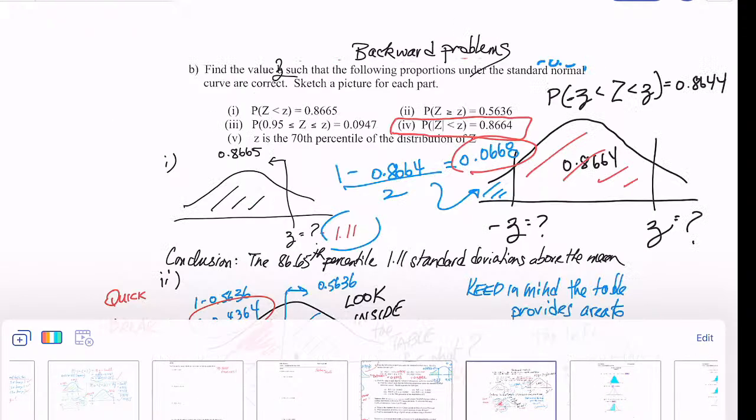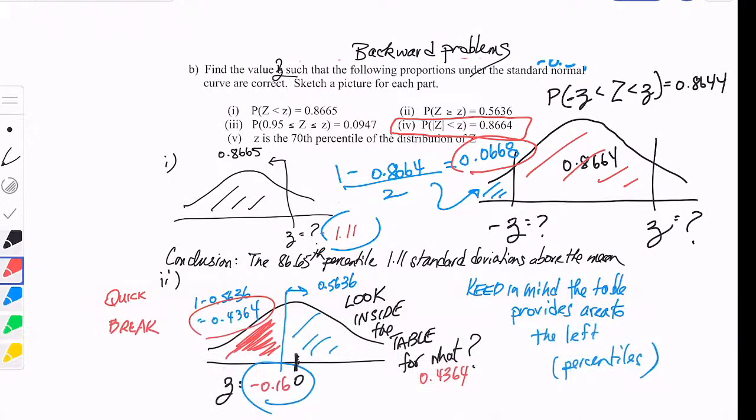So the answer is negative 1.5 on this side and positive 1.5 on the other side. Any questions? Good.